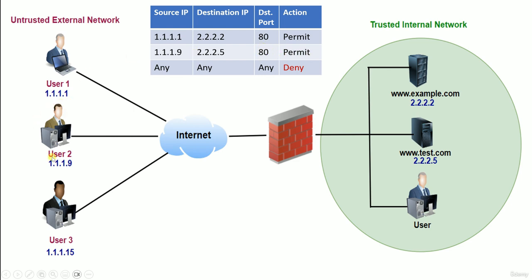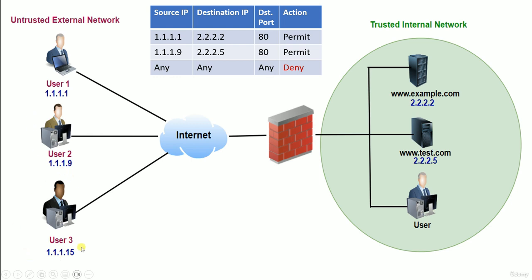So when user 2 tries to connect to test.com in his browser, his request reaches the firewall, and the firewall will look at the security policy. At that time we have a permit rule, so it will be allowed to pass through to the destination and he will get the response.